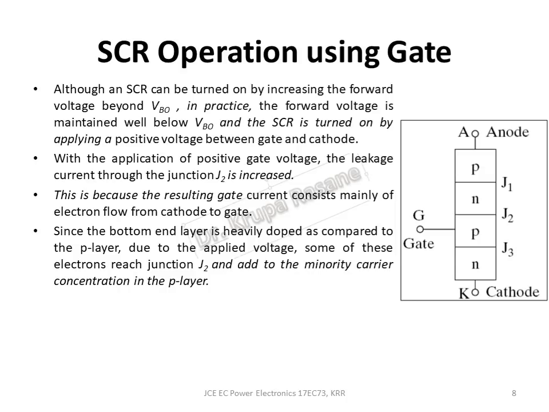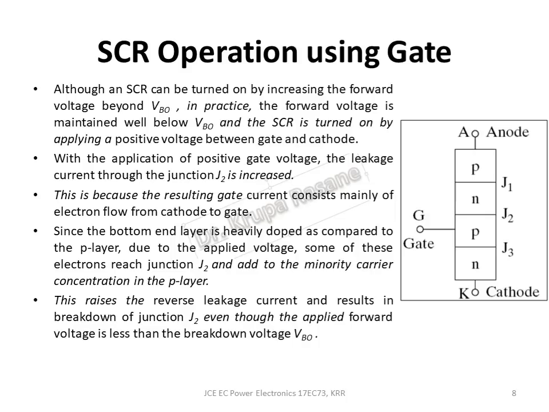Since the bottom N layer, now I am putting plus and minus here, so minus is connected here, is heavily doped as compared to the P layer, due to the applied positive and negative voltage, some of the electrons reach the junction J2. These electrons reach the junction J2 and add to the minority carrier concentration in the P layer. This raises the reverse leakage current and results in the breakdown of junction J2.